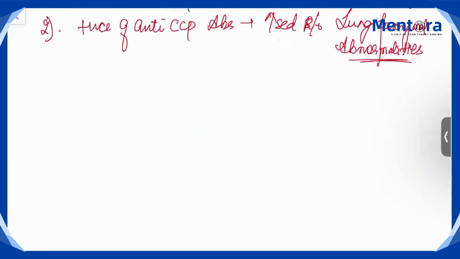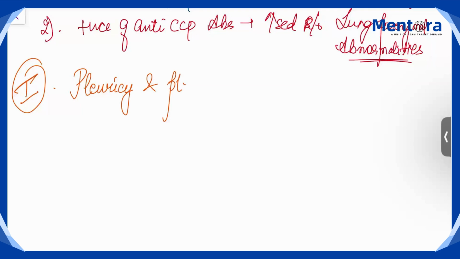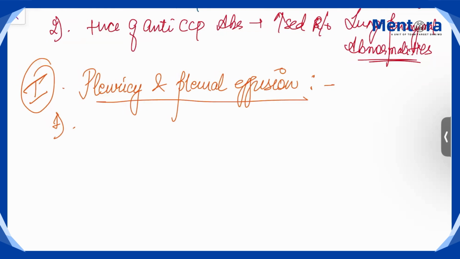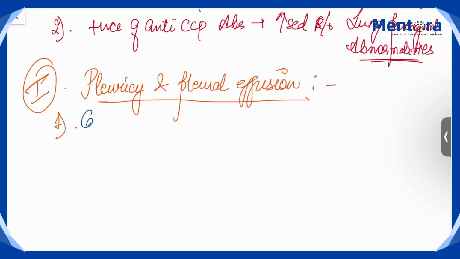So what will be the first presentation in RILD? That is your pleurisy and pleural effusion. This pleurisy and pleural effusion can be either unilateral or bilateral.